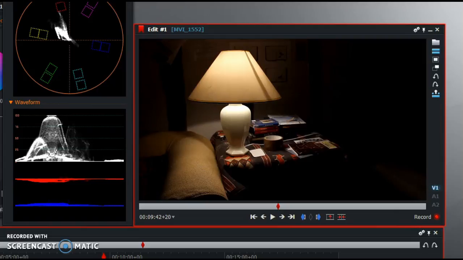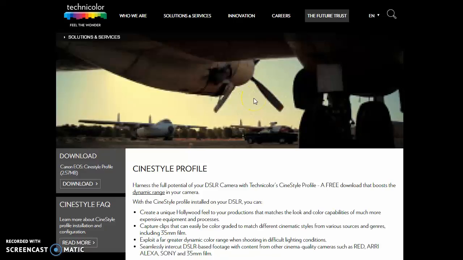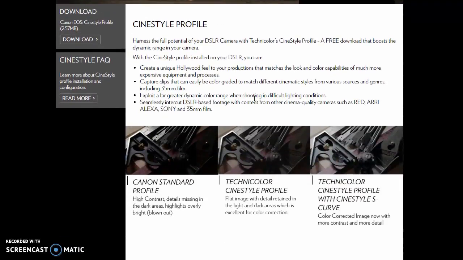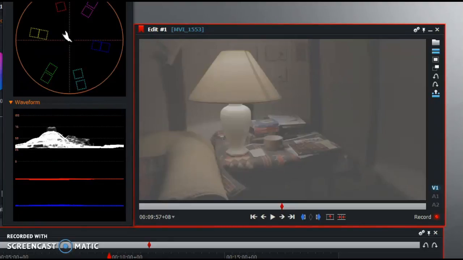Instead, flat picture profiles, namely Cinestyle, which everybody loves, it's the big new thing, would keep information in the highlights and in the shadows. However, it would lose information in the midtones, and I'll get onto that later.